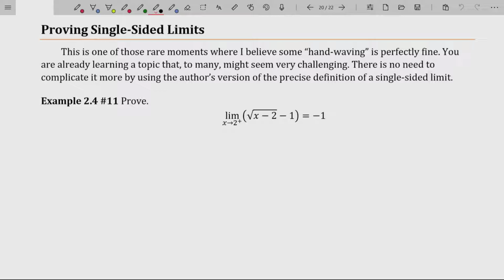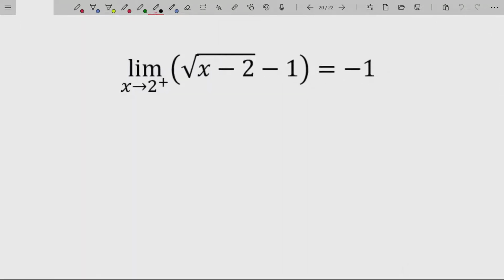Proving single-sided limits. A single-sided limit is something like this, right? You've seen this before. The limit as x approaches 2 from the right-hand side. And it has to be approaching 2 from the right-hand side in this situation, because let's pretend it was approaching 2 from the left.